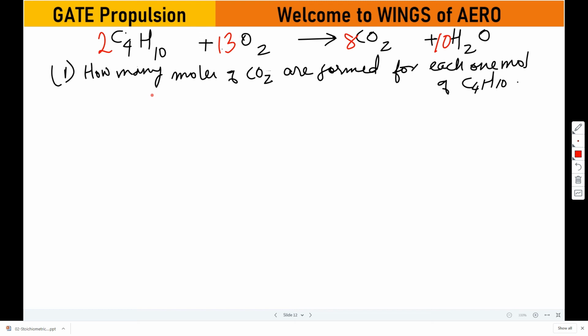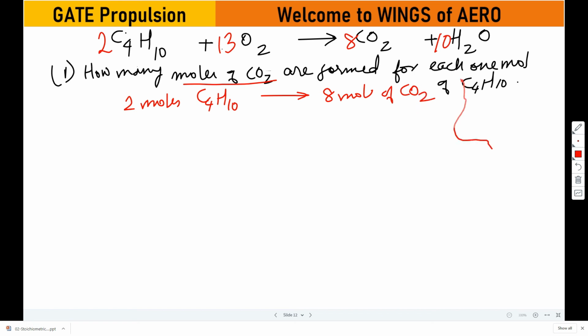In the first question they have asked, how many moles of CO2 are formed for each mole of C4H10. Now here I can see that 2 moles of C4H10 will give 8 moles of CO2. But in this question they have asked for each mole.